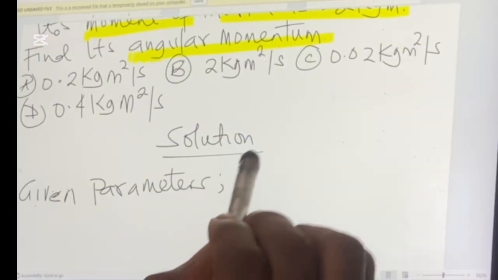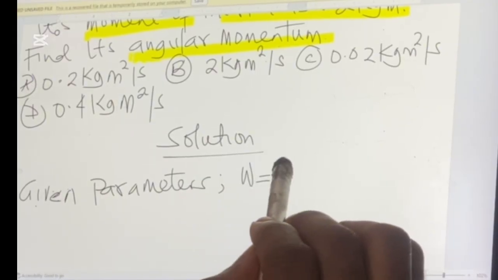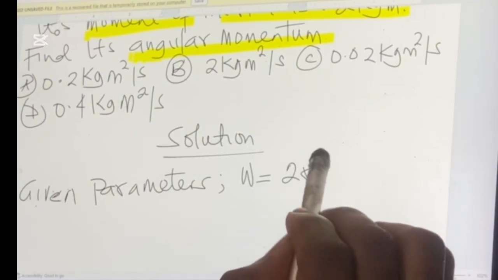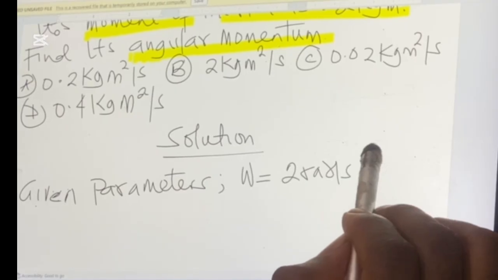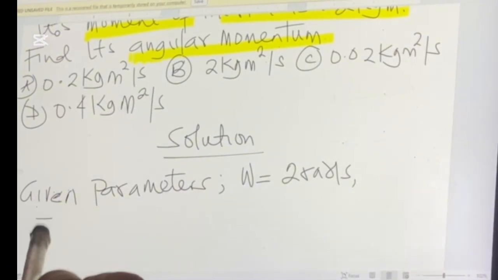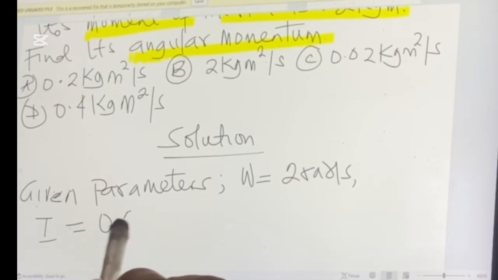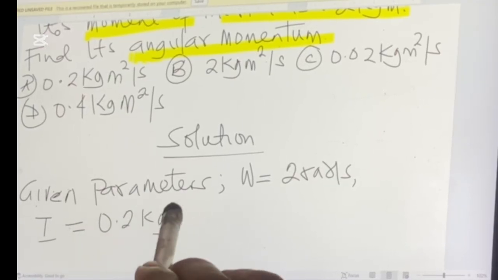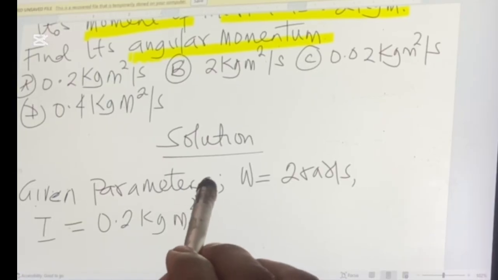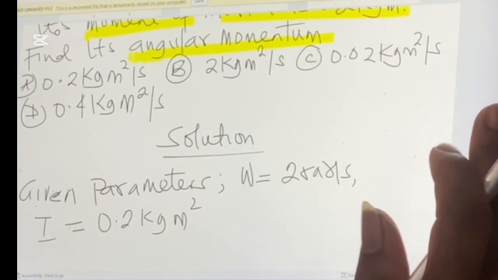The given parameters: the first one given to us is angular velocity, that is 2 rad per second. The second one is moment of inertia, that is 0.2 kg meter squared. And remember, we are asked to find the angular momentum.